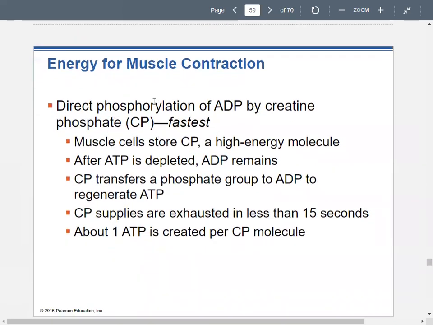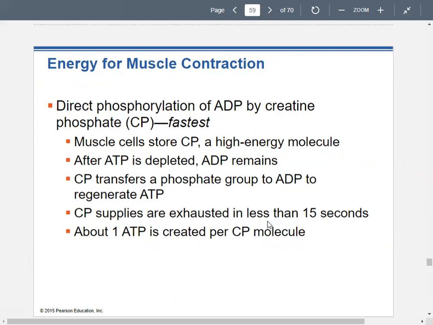All right. So it's direct phosphorylation by creatine phosphate. It's the fastest way of making it, because all you got to do is detach it from creatine and put it on ADP. Your muscle cells will store creatine phosphate, so you can use it that way. All right, and then once you deplete your ATP, you get ADP. Creatine phosphate is going to transfer its phosphate over to ADP, create ATP. But your supplies of creatine phosphate usually get exhausted in less than 15 seconds.